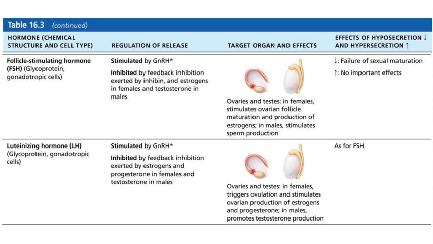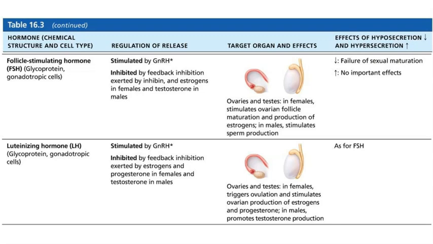Follicle-stimulating hormone and luteinizing hormone are both protein-based hormones that come from the anterior pituitary. They both target the gonads, that is the ovaries in females and the testes in males. Follicle-stimulating hormone will stimulate the maturation of the cell clusters called the follicles that are in the ovaries and the testes. And it's those follicles that are responsible for producing and ovulating mature ova, as well as producing sperm.